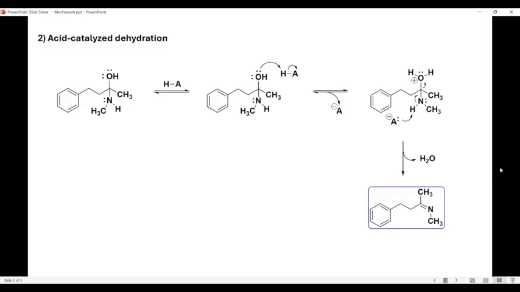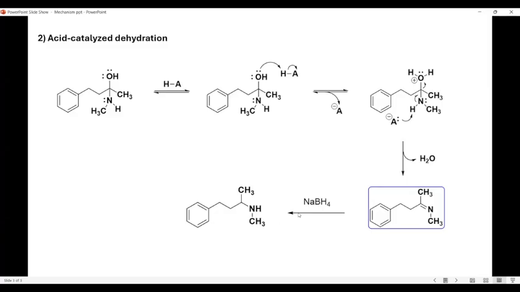And just as an extra bonus, if we hit this compound with a reducing agent such as sodium borohydride, I'm not going to draw the mechanism here, we end up getting just an amine. This whole process is referred to as a reductive amination, which is a very common synthetic step that we use in the lab quite often.